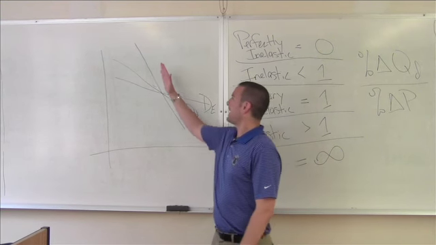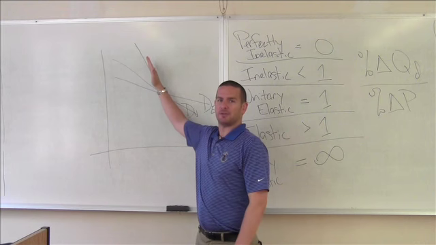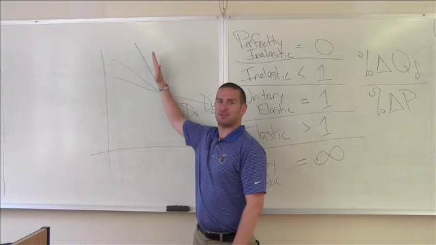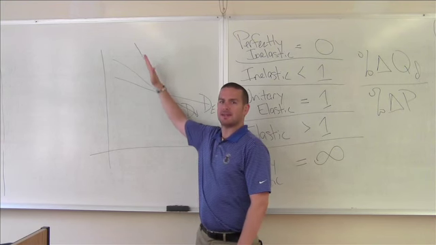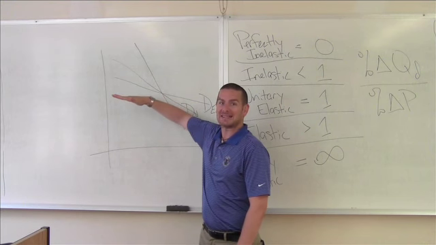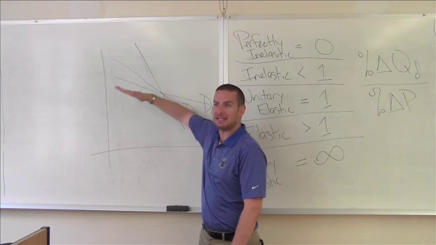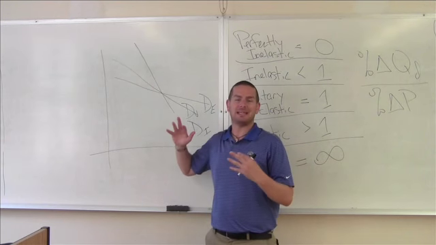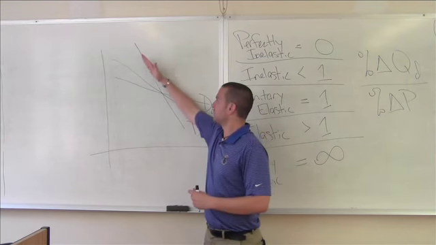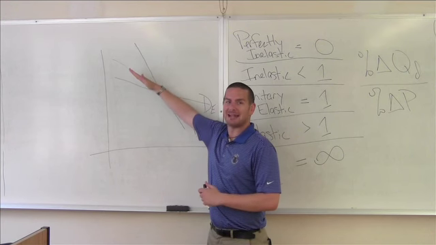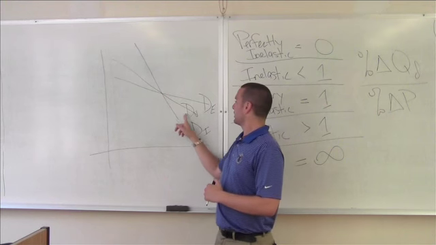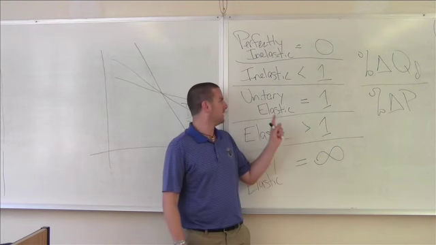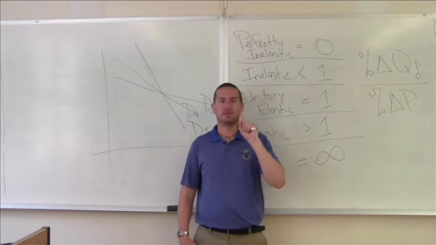So if you had an inelastic demand curve, and I hope this isn't getting too messy for you, which is fairly vertical, and in the process of shifting to an elastic demand curve, so inelastic to elastic, at some point that formula will be exactly equal to 1, as it switches there. So we're going to call that a unitary elastic demand curve. It's simply when this formula comes out to be 1.